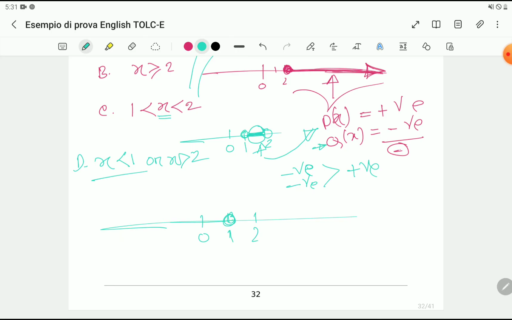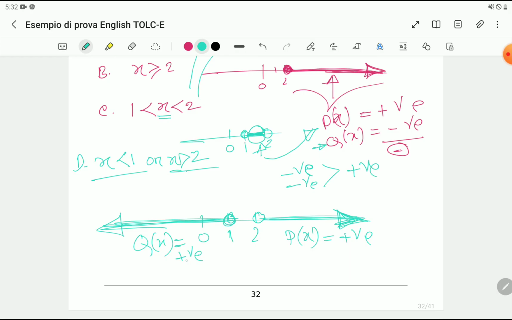That means all are correct. And x greater than 2, up to infinity, for all values, px gives us a positive value and qx gives us also a positive value.